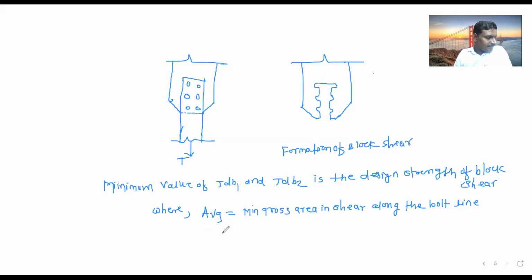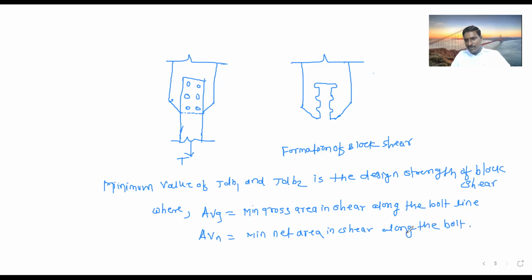Then next is the AVN. AVN is the minimum net area in shear along the bolt line.